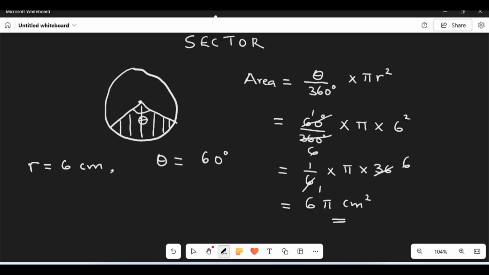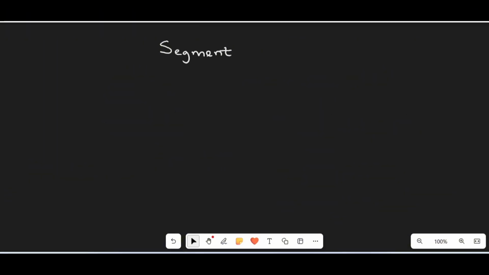So the area of our sector is 6 pi centimeter square.